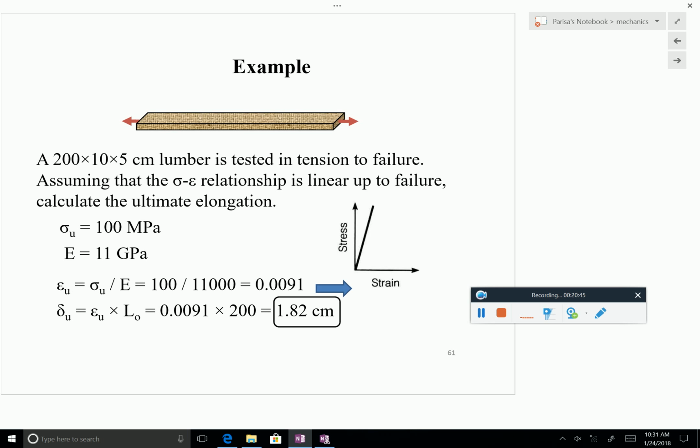I saw a lot of correct answers. Pay attention to the units here. So when you go from mega to giga, there's a factor of 1,000. And then hopefully we all remember that 1 meter has 100 centimeters and those sorts of things.